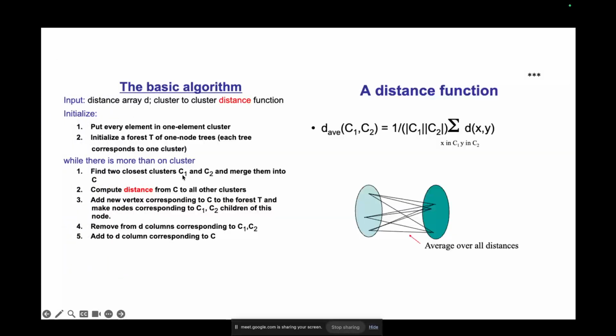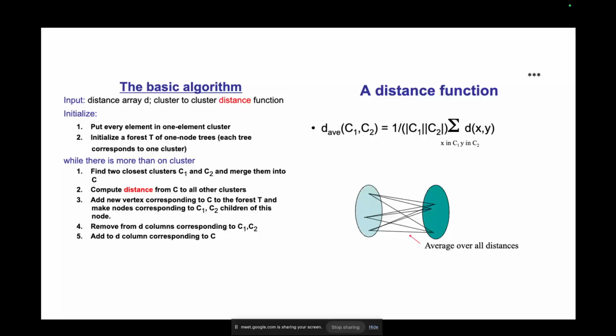Find two clusters C1 and C2 and merge them into C. Compute distance from C to all other clusters. Add a new vertex corresponding to C to the forest T and make the nodes from C1 and C2 children of this node. So if you have C1 and C2, they will be connected to a single node, and C3 will be connected as a branch to that node, right?